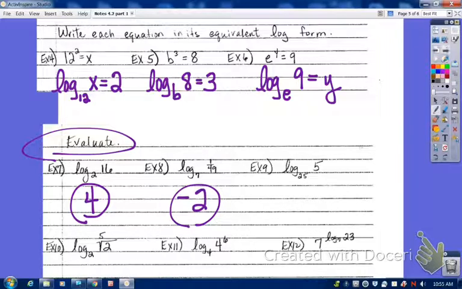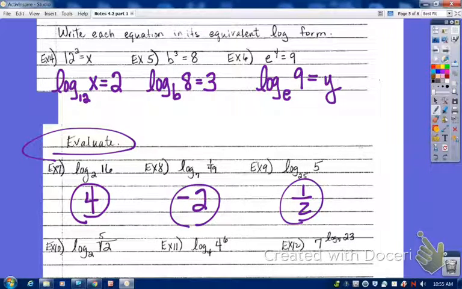Log base 25 of 5. So what exponent can you raise 25 to that would give you 5? 1/2, because what does 1/2 represent if it's an exponent? Square root. 25 to the 1/2 means the square root. 25 to the 1/3 means the cube root.